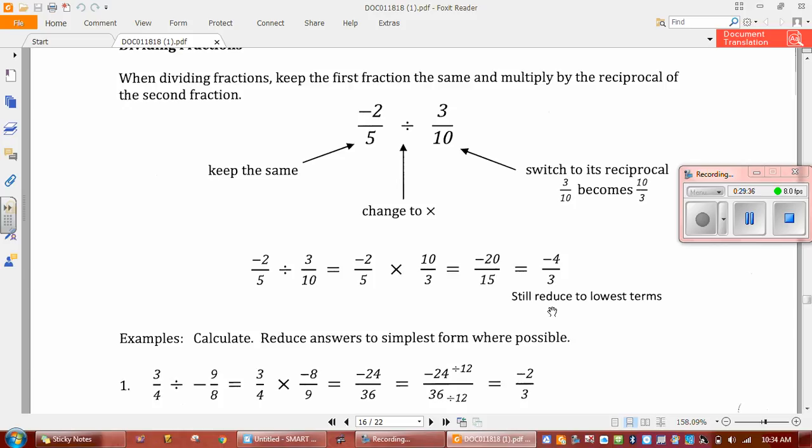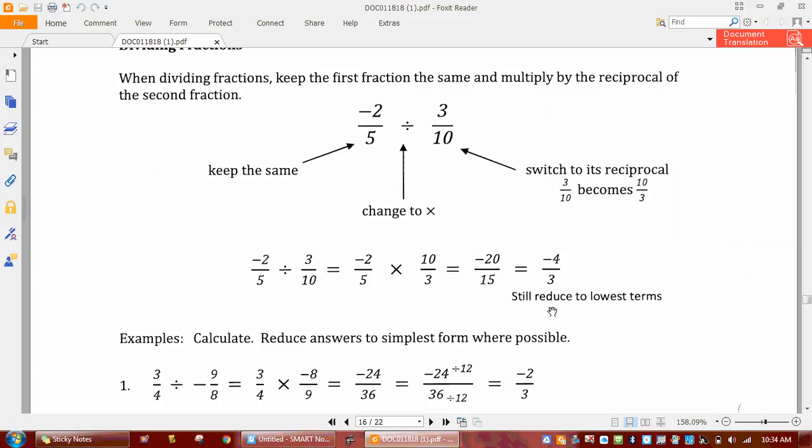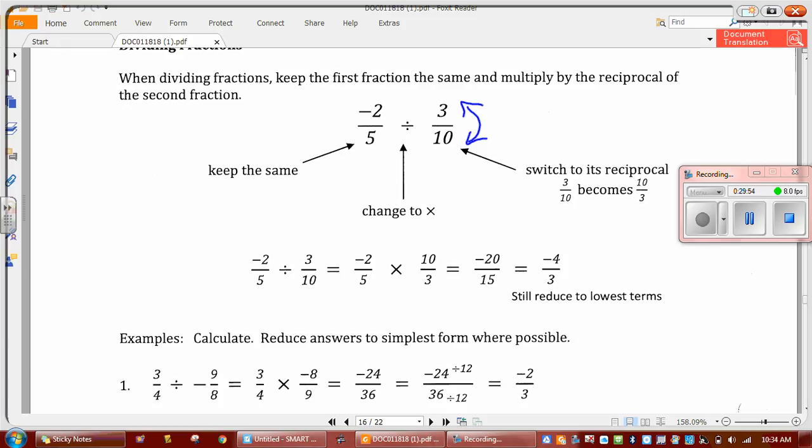Good. We always flip the one that comes after the divide sign, okay? He's the one that's going to flip upside down. So this guy flips upside down, okay? And then when we flip it upside down, we change the divide to a multiply. Okay? We change it to multiplying every time.